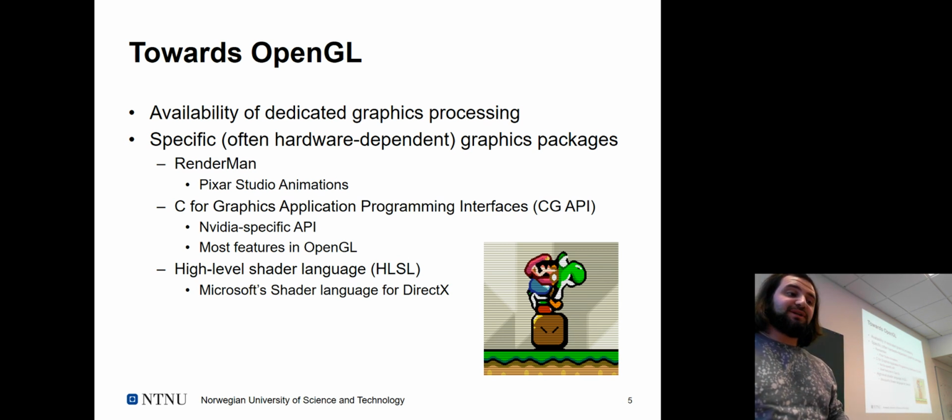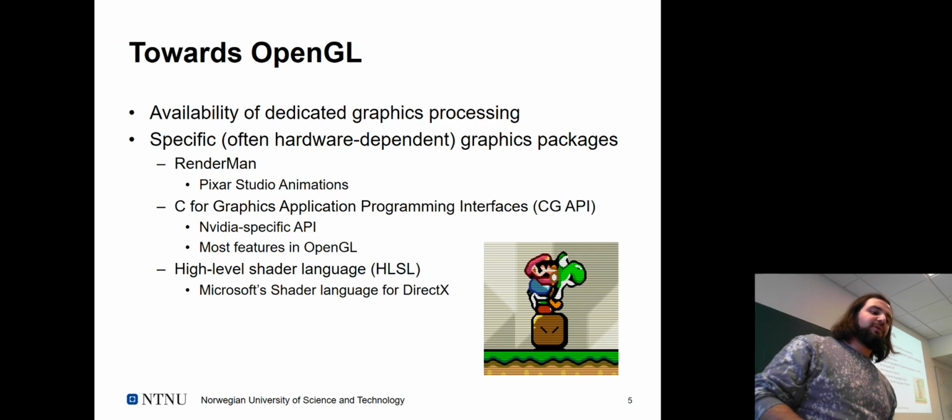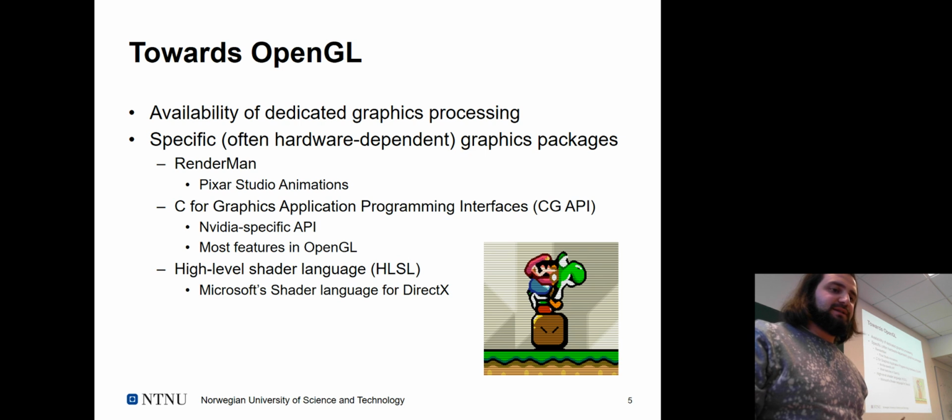Several proprietary implementations appeared afterwards, like RenderMan by Pixar Studio, that was made open source recently, as far as I know. Also some APIs that were NVIDIA specific, and the High-Level Shader Language for Microsoft's DirectX.